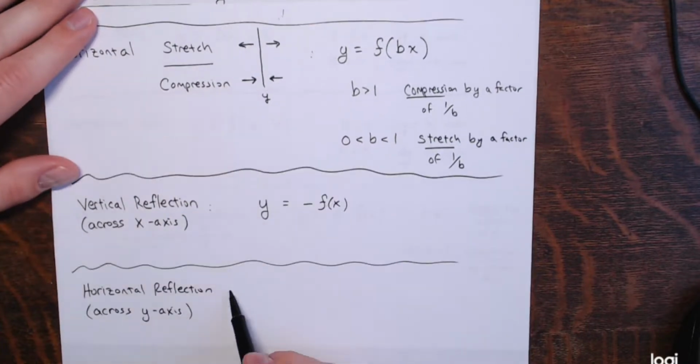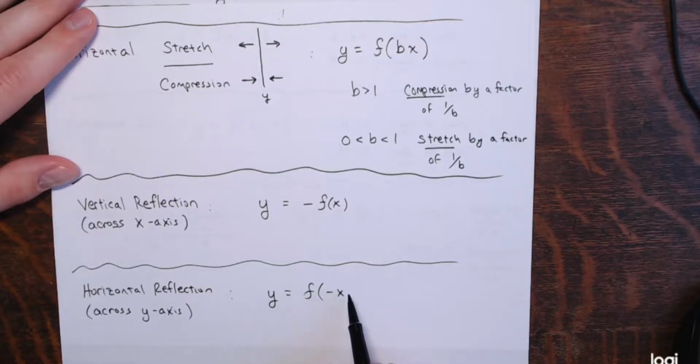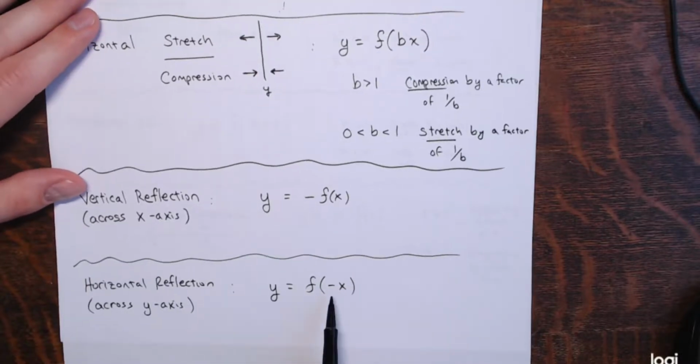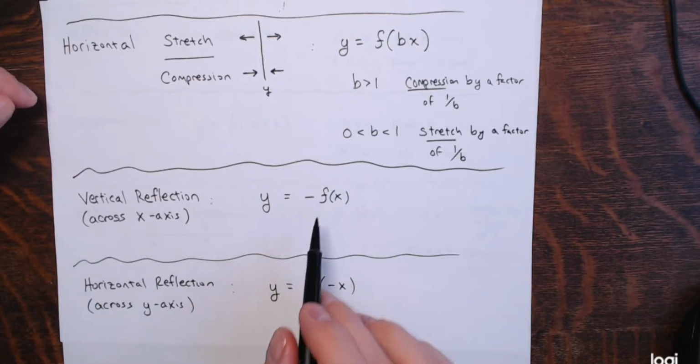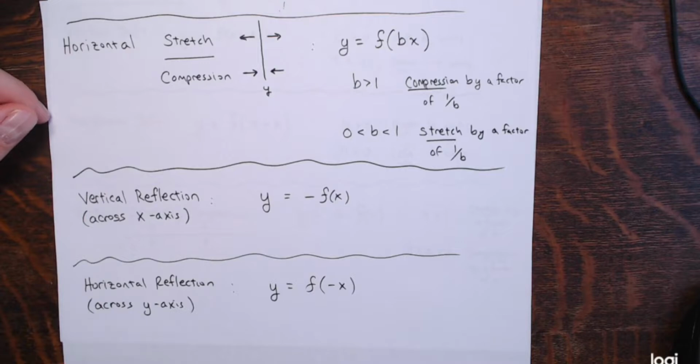Here, it would be y equals f of, and then x is replaced by -x. Replacing all the x's by -x reflects the graph of f across the y-axis. Because you're taking all the x coordinates and making them the opposite, taking them across the y-axis. Here you're doing the opposite of the y coordinates, so reflecting across the x-axis.